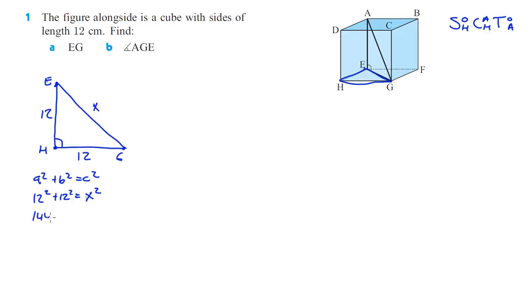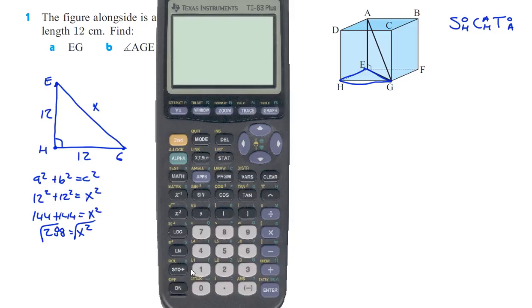So that's 144 plus 144 is x squared, so that's 288 equals x squared, so we can just square root both of those and figure out what that is. We're going to do the square root of 288, and that gives us 16.97.